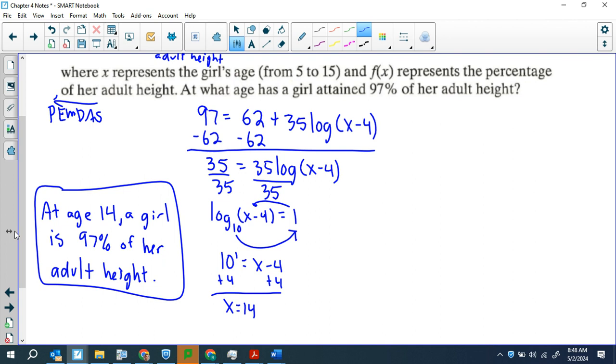So probably, according to this model, most of you are probably fully grown already. Not totally. I guess this only works from ages 5 to 15, so that doesn't work for you guys anyway.